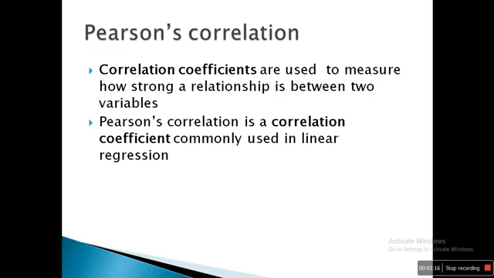When it is rainy, do people purchase grains or not? We will see how we can measure this relationship in terms of numbers and understand its strength. Are they weakly connected, very strongly connected, or is there no relation between the two variables? All these aspects we will see very easily with the help of correlation coefficients.